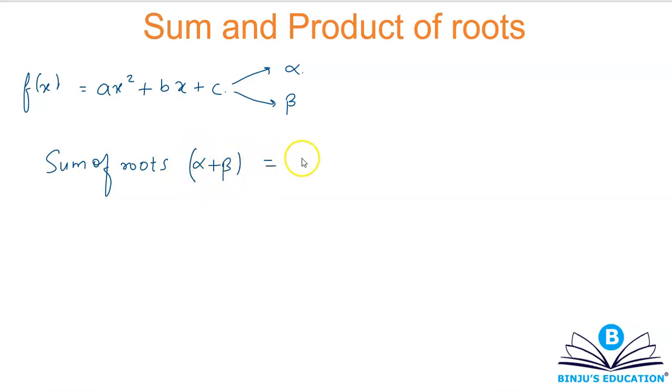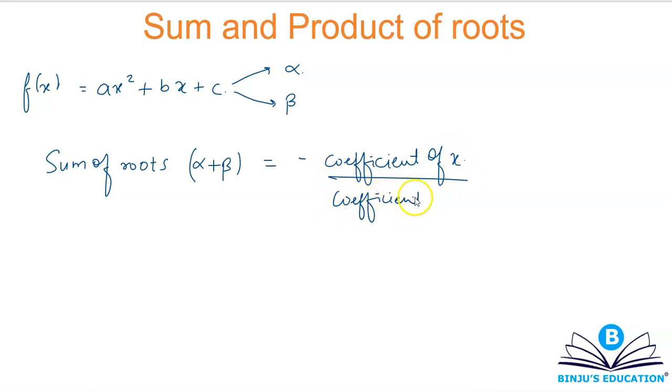That is nothing but minus of the coefficient of x divided by the coefficient of x², which is basically minus b by a.